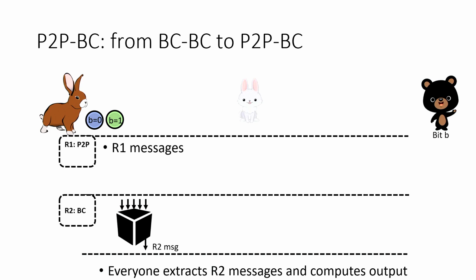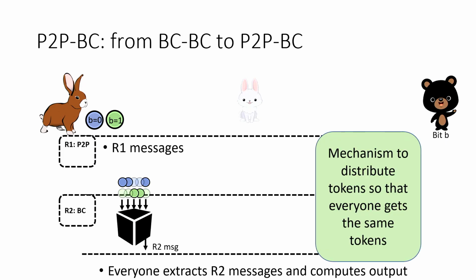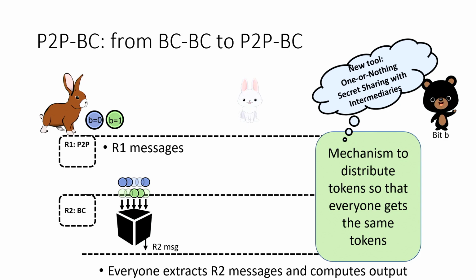So on top of this box, we would like to have another mechanism such that we could distribute these tokens, and at the end of the second round, everybody agrees on the same version of the token that they need to use, based on the first round messages of all the other parties. Okay? So a form of this mechanism was already implemented by Damgard et al., but they used public infrastructure to do it.